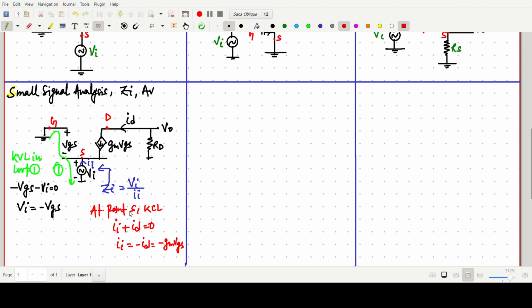Now Vi is known to us, Ii is known to us, so we can simply write Zi equals Vi by Ii. Vi is minus VGS and Ii is minus gm VGS. So VGS cancels, minus minus cancels.